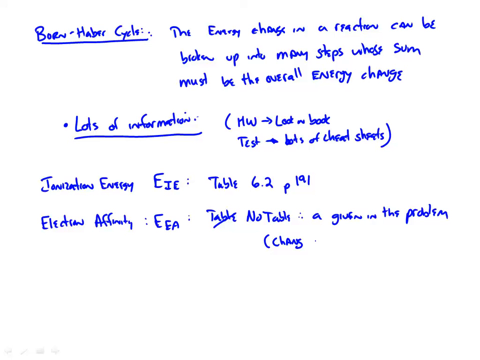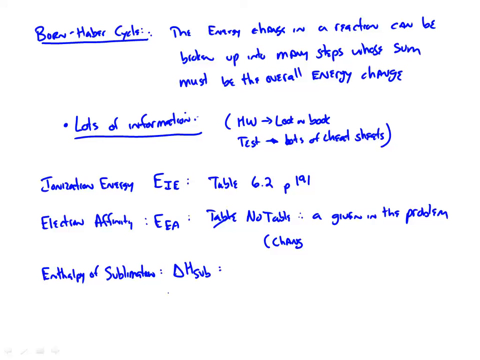There's a couple other pieces of information we need to know in order to do this, and both of these pieces of information are technically defined in another chapter, which is one of the things that annoys me about the way your book does things. But since they cover Born-Haber cycles here, we'll also cover Born-Haber cycles here. We need to know the enthalpy of sublimation, and that is given the formula delta H sublimation.